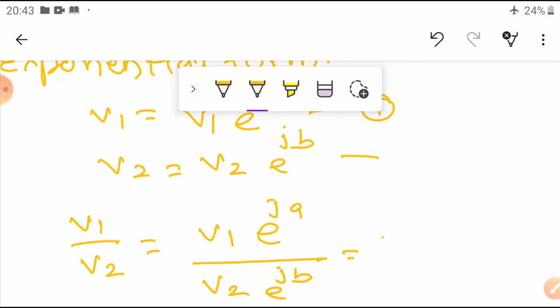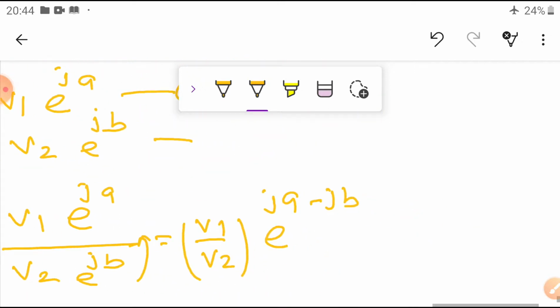Similarly, V1 by V2 is the vector magnitude, and in the exponential, e to the power of j a, the e to the power of j b goes to the numerator as minus j b. So we get V1 by V2 e to the power of j, taking j as a constant, a minus b, is the answer.